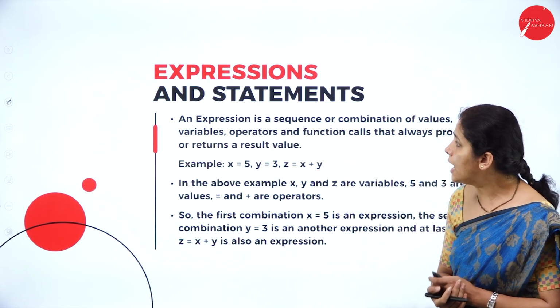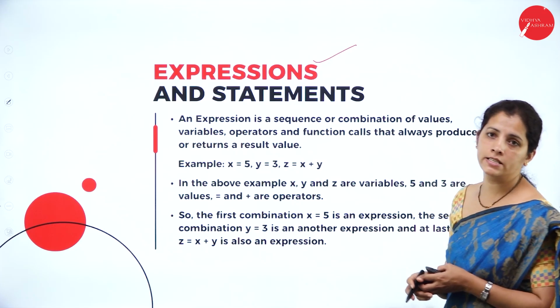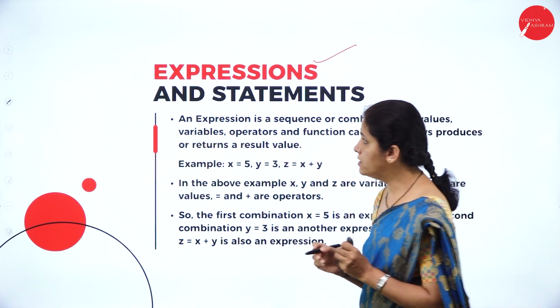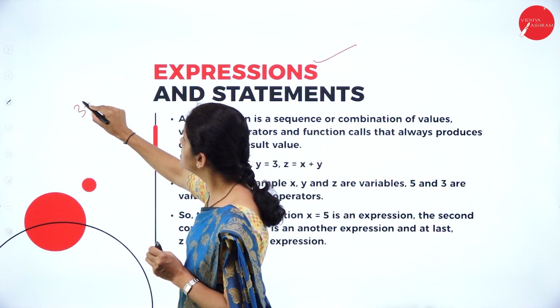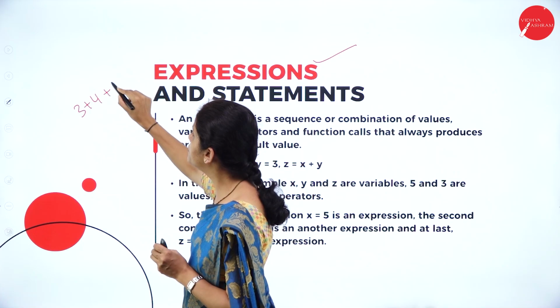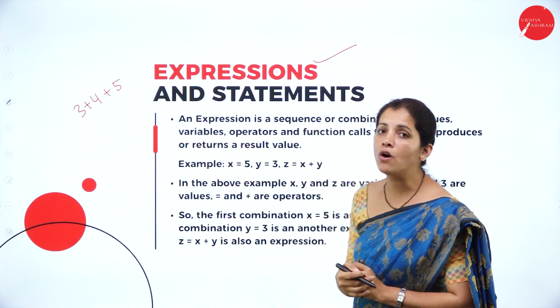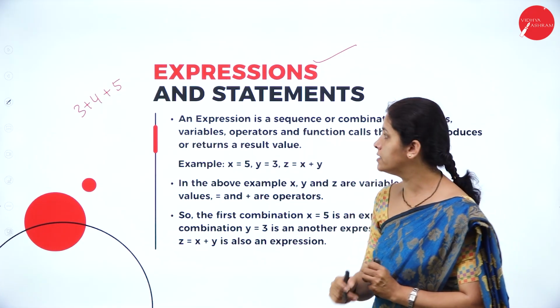Okay, fine. Now, I'm going to cover expressions and statements. So what is an expression? See here, if I have a statement like 3 plus 4 plus 5, what is it? It is a sequence of digits.